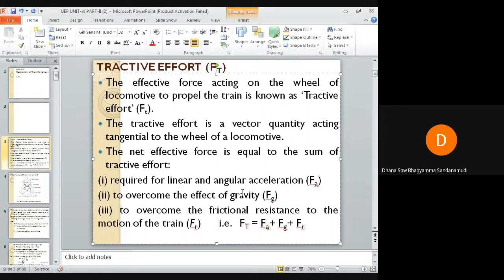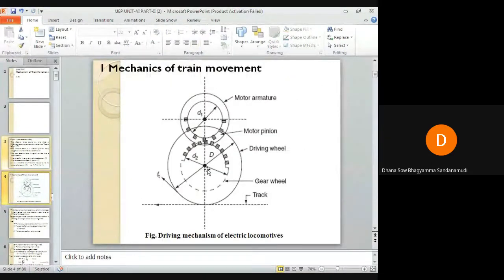So let us see the mechanism of train movement. What you can see here is the essential driving mechanism of the electric locomotive. The electric locomotive consists of a pinion.